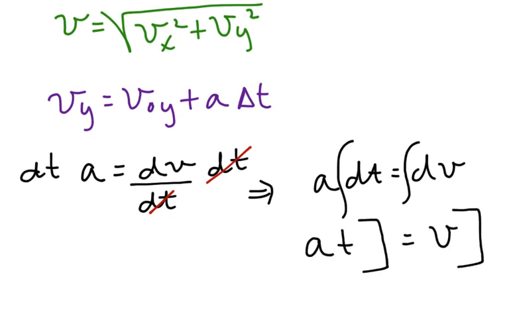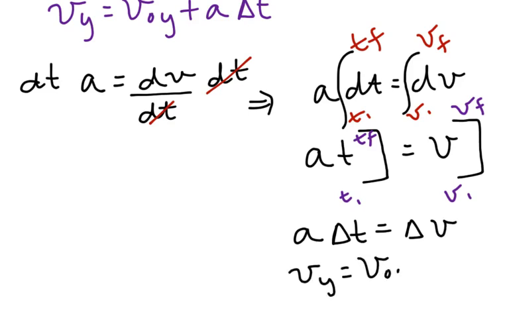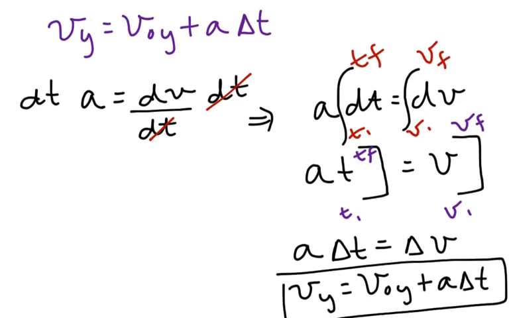By plugging in my upper and lower limits, I get a delta t is equal to delta v, or I get vy is equal to v sub naught y plus a delta t. Yay. Okay, so now we're ready to plug into our equation.